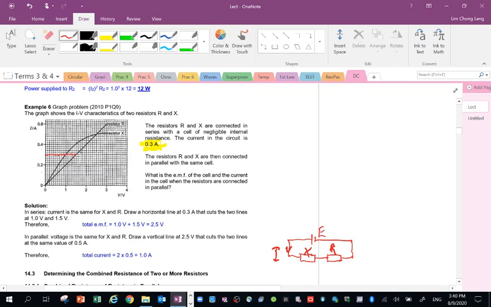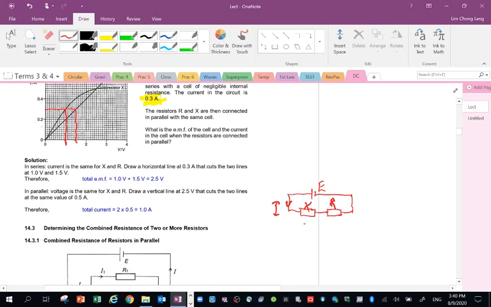The PD across X is 1 volt, and the PD across R is 1.5 volt. So the sum of the PDs equals the EMF. If I sum the PD, it is 1 plus 1.5.